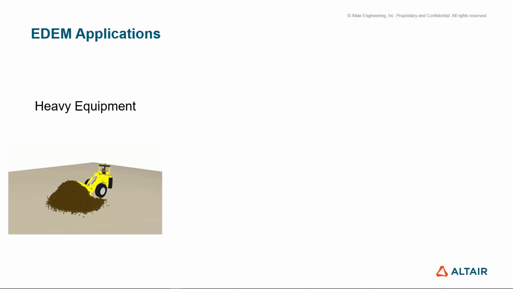Granular material can be very complex, and a lot of engineers try to make sense of how that affects their equipment and processes. So EDEM can be used in a wide range of industries, anywhere where bulk materials are present. This includes the heavy equipment industry, looking at virtual testing of dump truck bodies. Here we have a truck, an excavator, also harvesters, and many others.